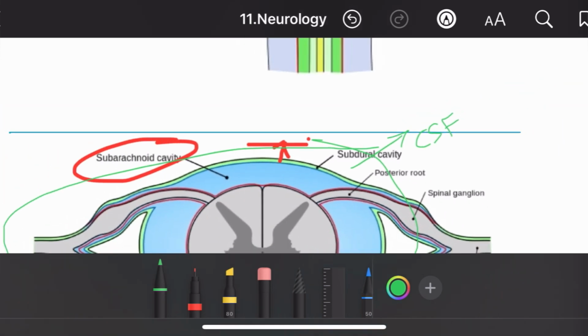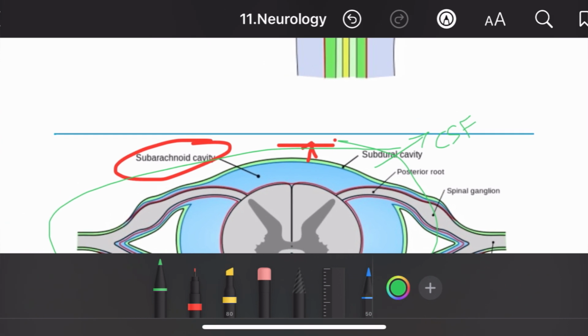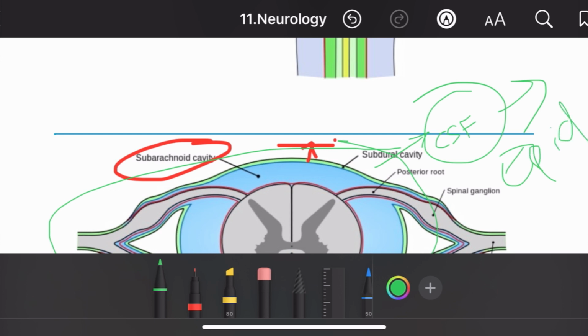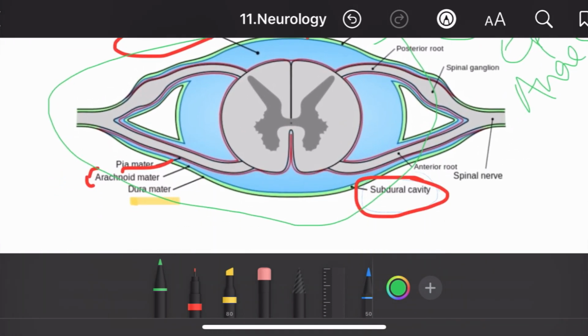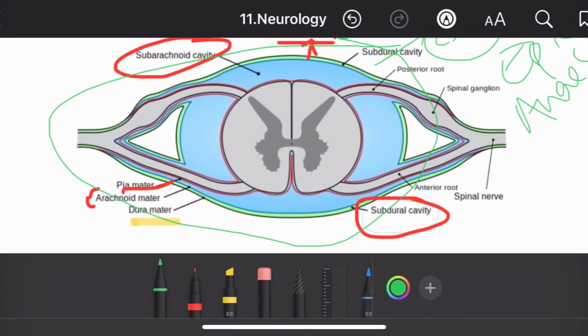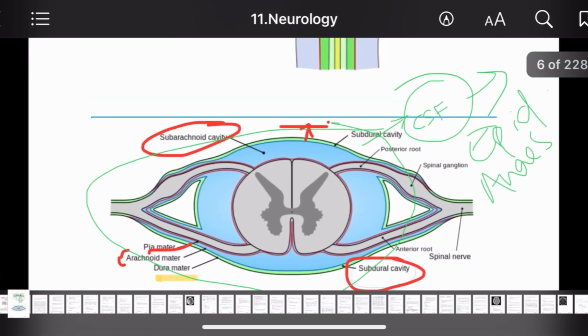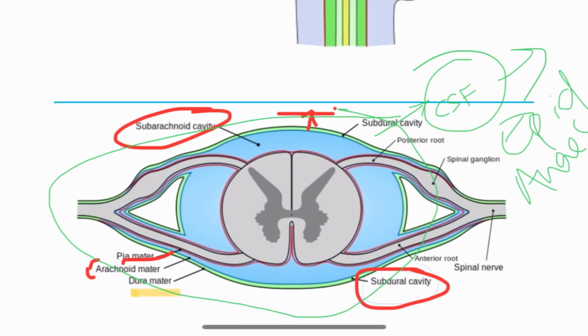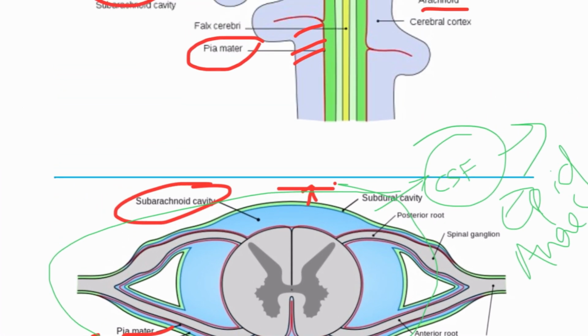So this is the space where the CSF is there but there is no spinal cord, and this is the area where you extract CSF, plus you can give epidural anesthesia. Okay, so this is the difference between the meninges of the brain and spinal cord.